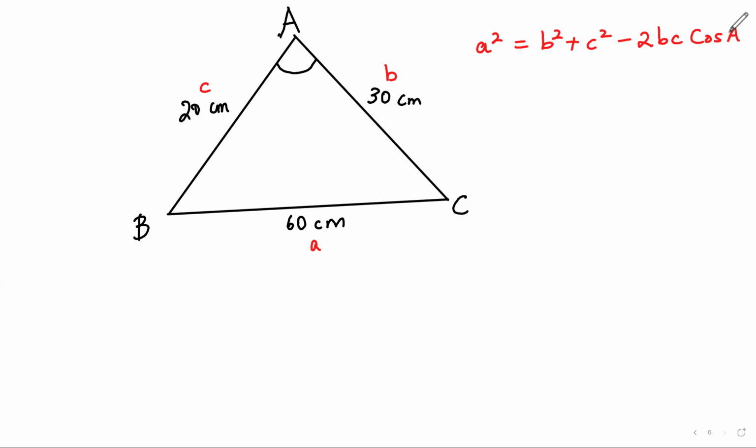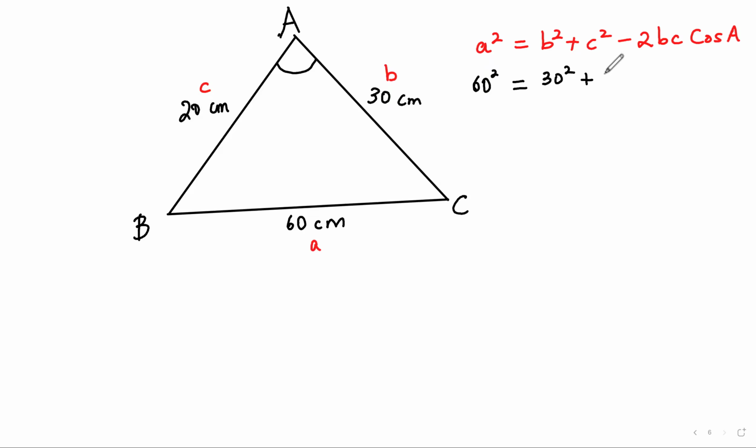Right? And now I need to substitute my values into the formula to make cos of A the subject because I want to find angle A. So substituting my values, A here is 60, so A squared will be 60 squared. B is 30, so B squared is 30 squared.